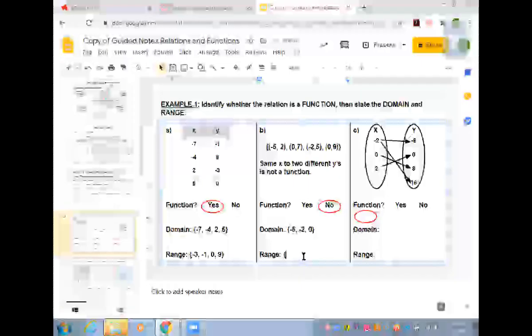And then my range values, 2, 5, 7, and 9. X's are the domain, Y's are the range.